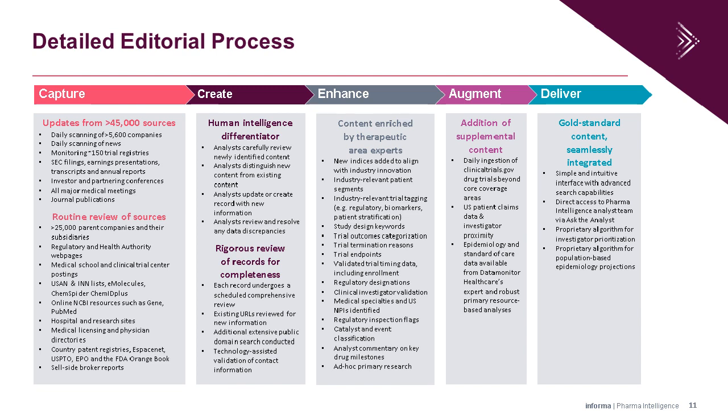We augment it with additional content from other places such as epidemiology and other sites such as patent claims. And then we deliver it through a seamlessly integrated platform, Informa Pharma Intelligence. So this is the data that we've collected and is going into this new Signals applications that we've developed.